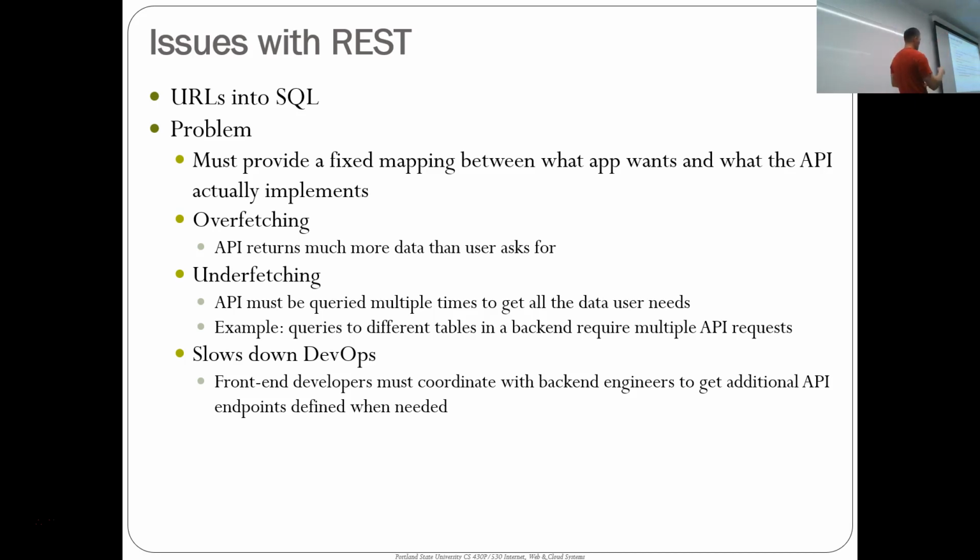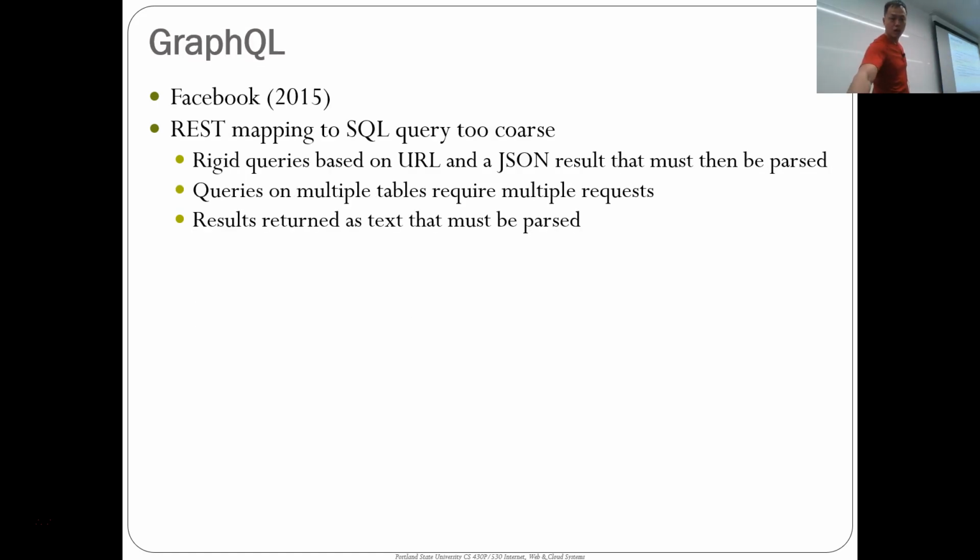Another big issue is that it slows down DevOps. Now the front-end developers, if they need to implement something new, they have to coordinate with the back-end engineer and the ops teams to make sure that deployment can happen smoothly. And so this slows down your development cycle and the deployment cycle a little bit. Okay? So this motivates GraphQL. This is from Facebook from 4 years ago.